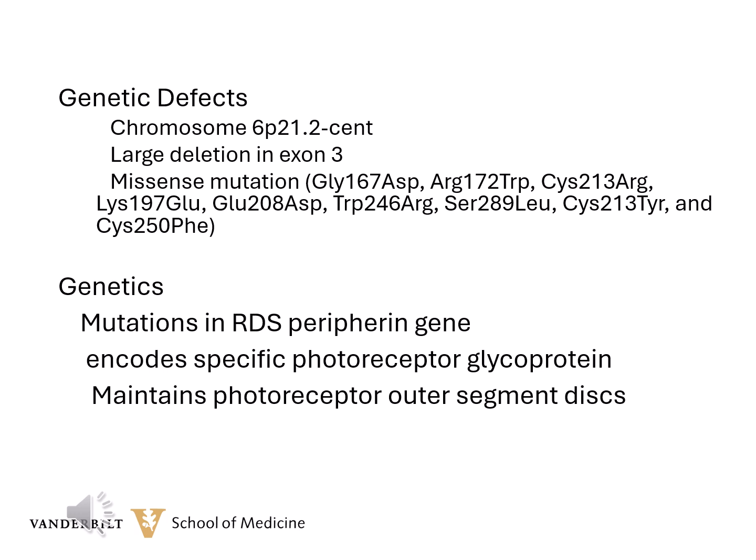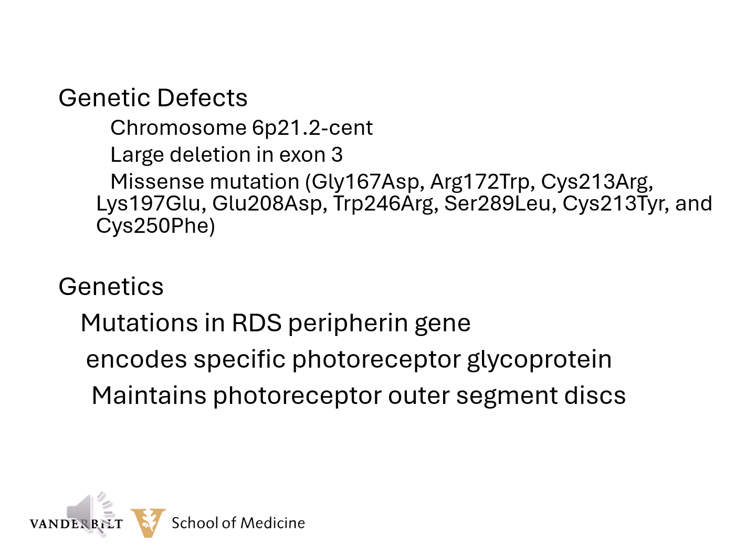Just one slide on the genetics, as this chapter here is pretty much of an introduction. You can get this in more detail in any of our great textbooks. The genetic defect is on chromosome 6p21.2, and there's a deletion in exon 3, and it causes a missense mutation of a variety of amino acids in the DNA.